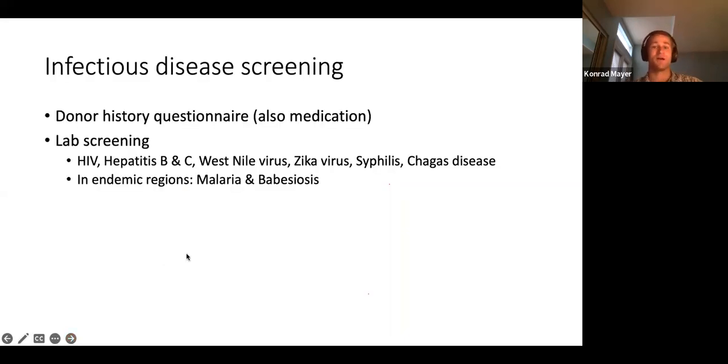Okay, so I mentioned the infectious disease screening, and exactly, this happens when you're donating blood. There's a questionnaire that is filled out by the patients about potential exposure and history of infectious diseases. I also put medication on this slide because it falls into the same category. It's also asked on the questionnaires.